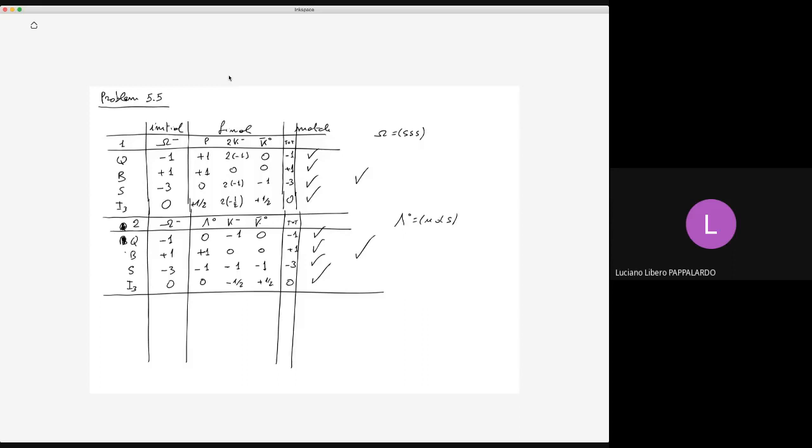Let me go now to the last one. So omega minus that goes into Xi 0 K minus. So we still have Q, B, S, I3: -1, +1, -3, and 0.